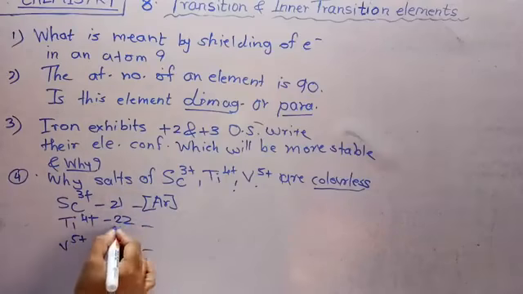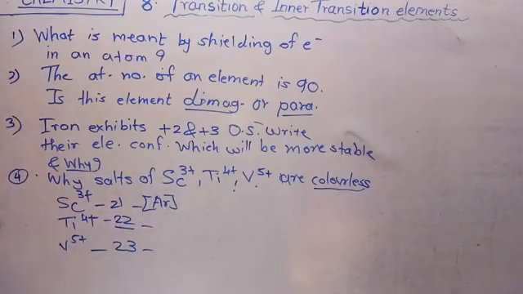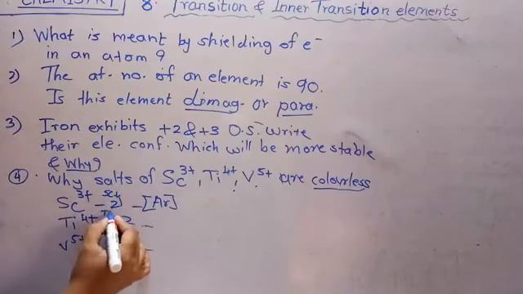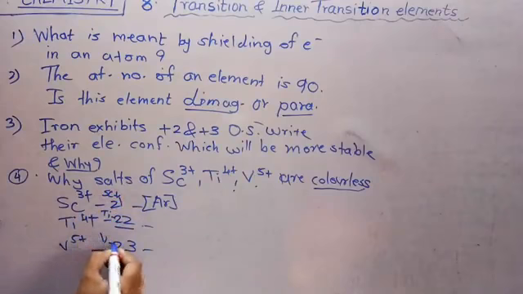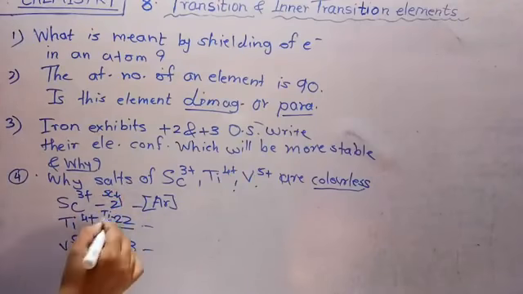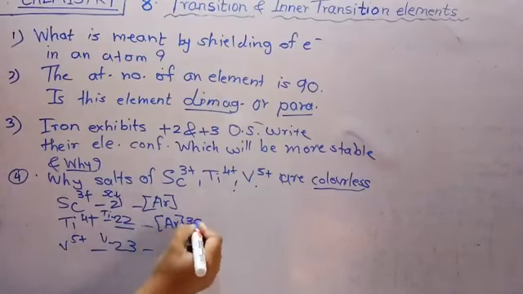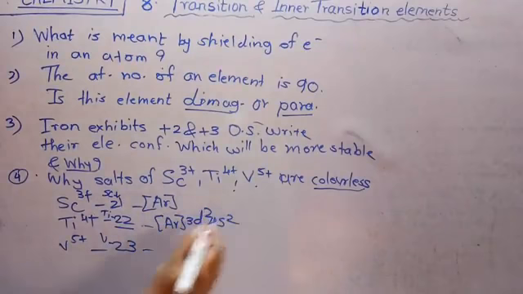Then titanium 4+. Titanium has a total of 22 electrons. Right? Scandium 21, then titanium 22, then vanadium 23. Titanium 22 is argon 3d2 4s2.